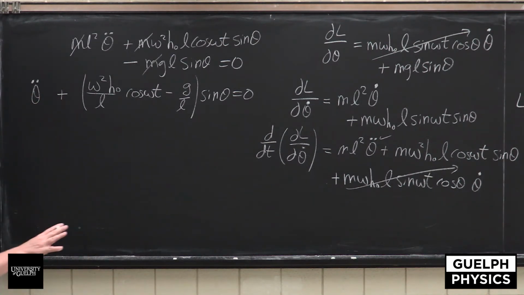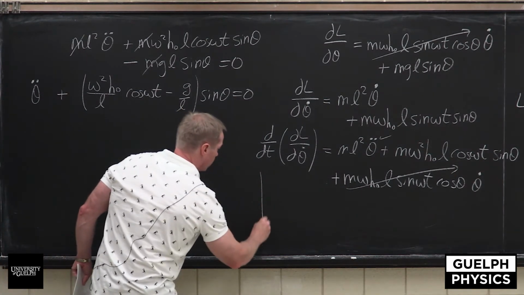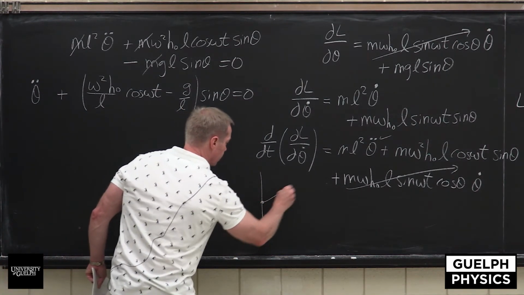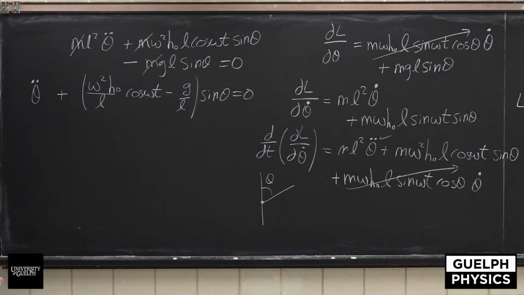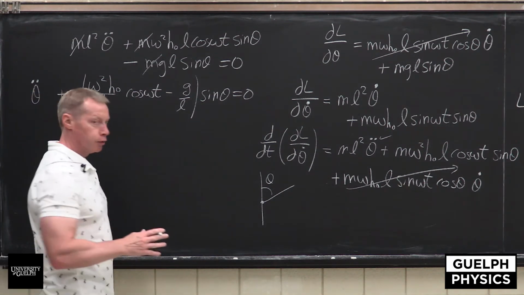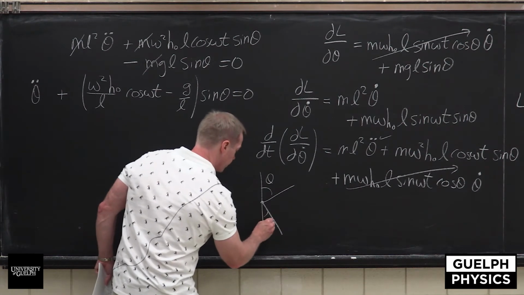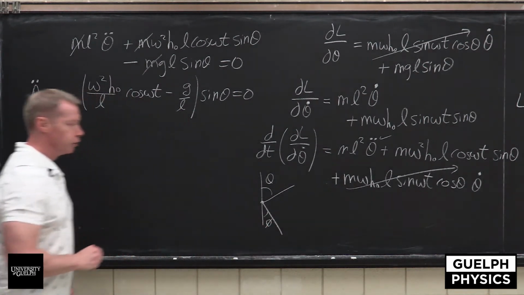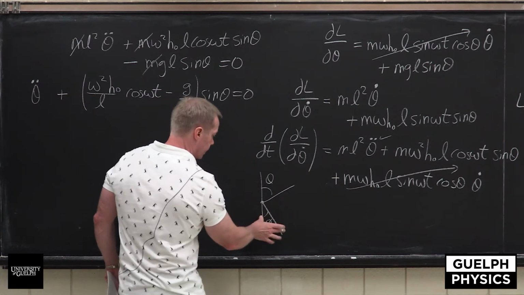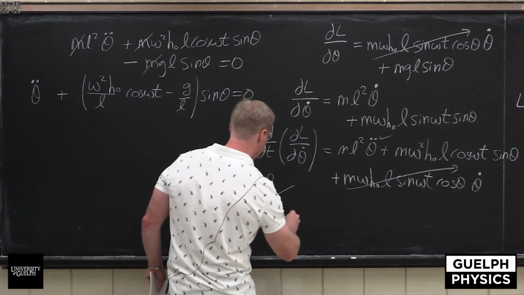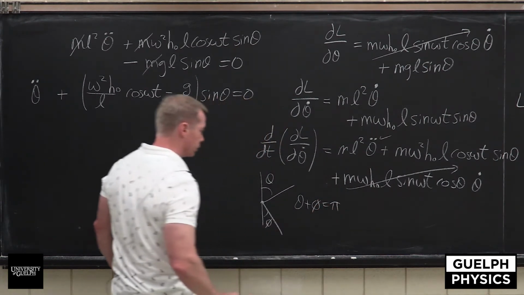So this starts to look a little bit more familiar, but recall that the way we had the angle in the original problem, that was our theta. Normally, when we're dealing with just a simple pendulum, we deal with that angle. So if I want to express theta in terms of phi, theta plus phi is equal to pi.